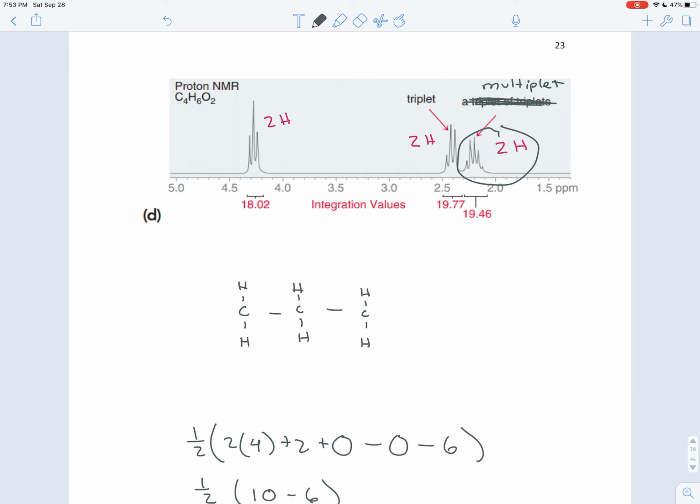Because if you had this arrangement, you have 2 hydrogens in your peak. The 2 hydrogens have 2 hydrogens next door. By the n+1 rule, that means it splits into 2 + 1, a triplet. And that's what we have. For this hydrogen here, for that carbon there, those hydrogens, again, you have 2 hydrogens with 2 hydrogens next door, so it splits into 2 + 1, or a triplet. And that's our other triplet.